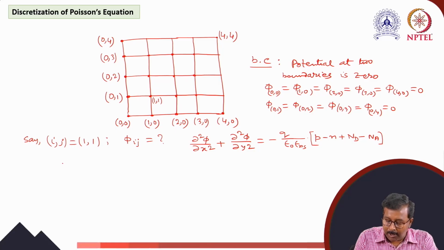So phi 1 1, if we consider it as phi ij, and the distance between these two nodes, that is the step size, say this is h, and also this is delta y, this is suppose also h, this is delta x.